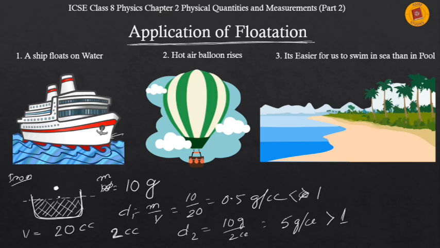So in this case it will sink. So we can apply the reason that for a ship, the average density, if we consider the total volume of the ship, is less than the density of water.